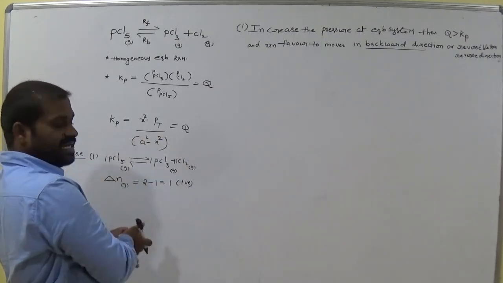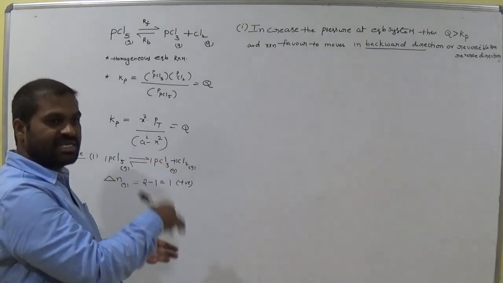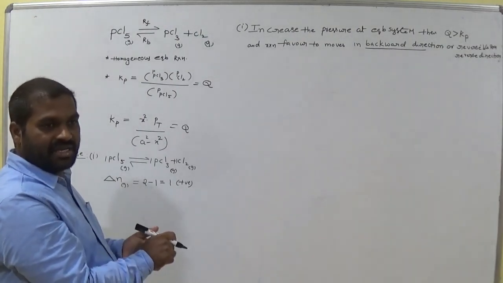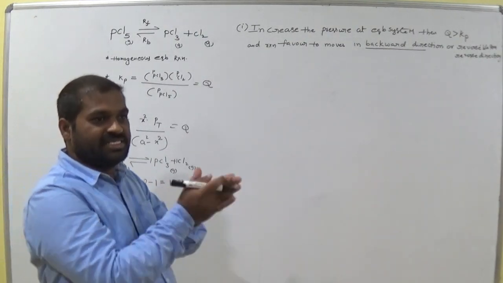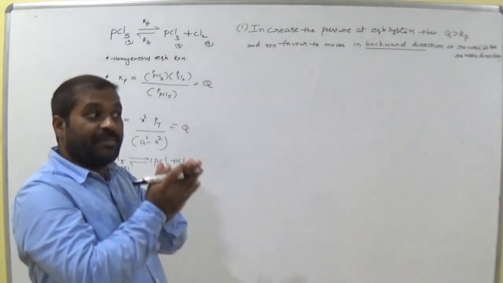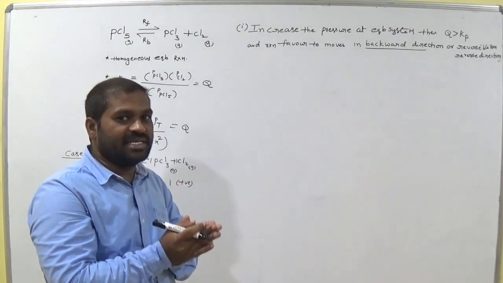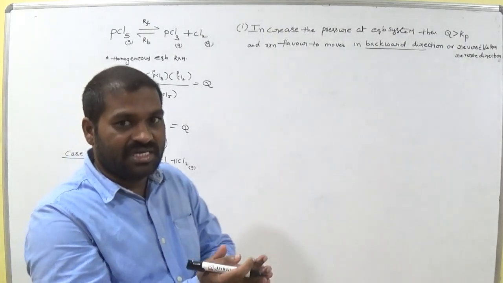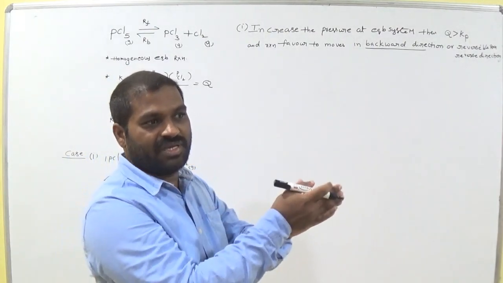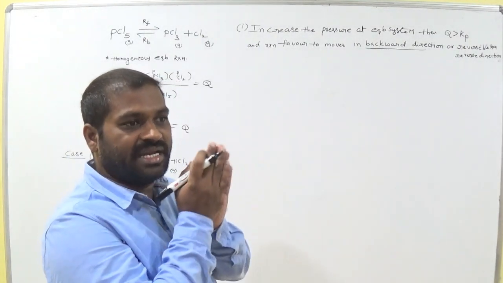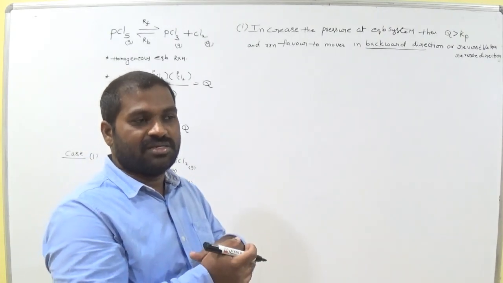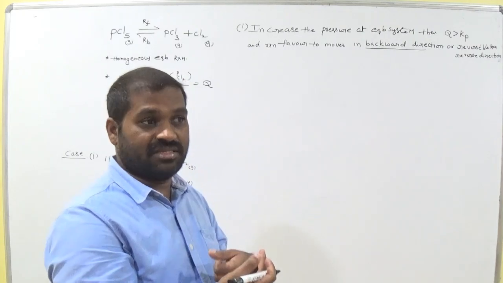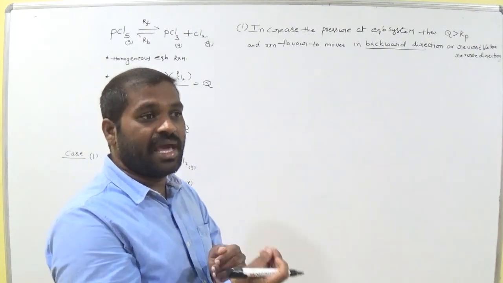Suppose it is a container, and we add some external or extra pressure to this system, then in which direction does the reaction go? That is the prediction of the reaction. Remember this term: prediction means the direction of the reaction, either forward or backward. In a question sometimes they give: predict the direction of the reaction. That means in which direction the reaction proceeds.